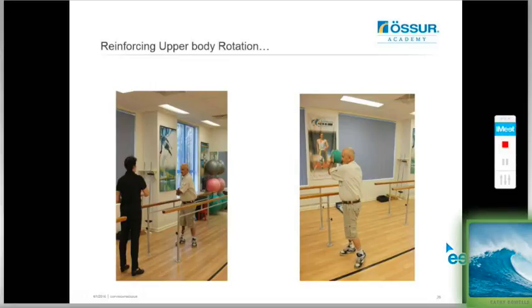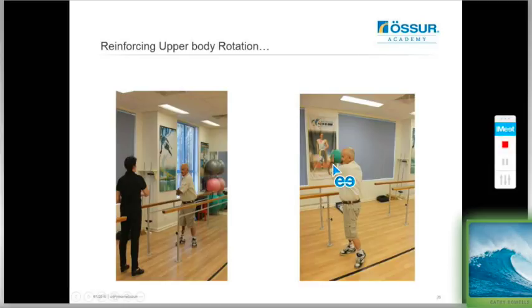Other methods of reinforcing that upper body rotation are throwing and catching. We're always looking for weight bearing evenly on the prosthesis, not transferring weight away from the prosthesis as we're throwing and catching to the side, doing some footy passes here, rotating over towards that prosthetic side.